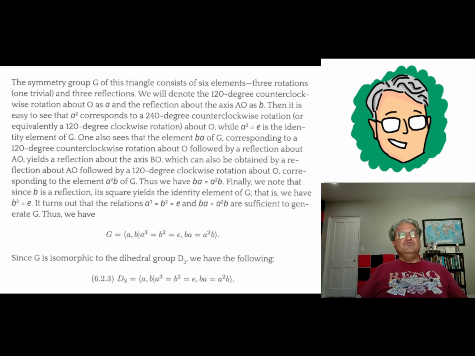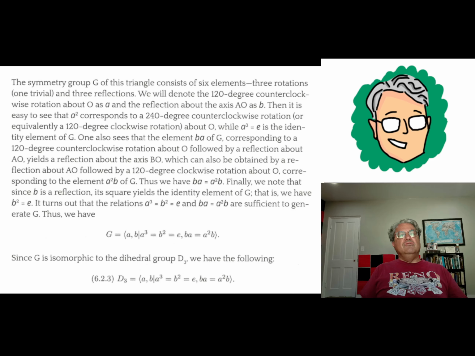And it's also true, you can convince yourself, I'm not going to do it right here, that b squared, ba squared is equal to ab. But it's enough to know just this. The top equation I've written here for G, I'm just calling it G here, is the algebraic notation of G. It has two generators, A and B. Then the algebra satisfied by them is a cubed equals b squared equals e.